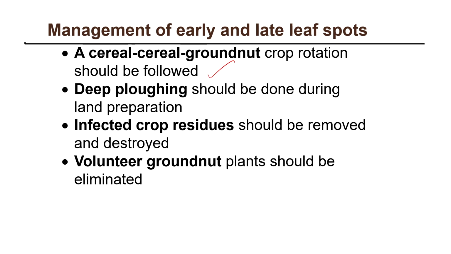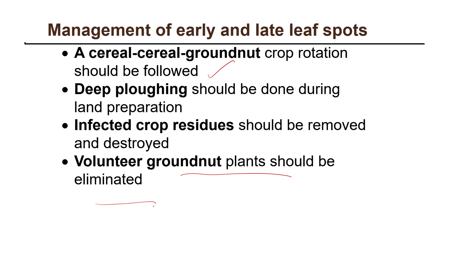Deep plowing should be done during land preparation, in the month of say late April or early May, because it will expose the fungus and all kinds of disease causing organisms, which can be killed by the scorching sun. Infected crop residues should be removed and destroyed. Field sanitation, cleaning of bunds, all these measures should be adopted, and volunteer groundnut plants should also be eliminated.